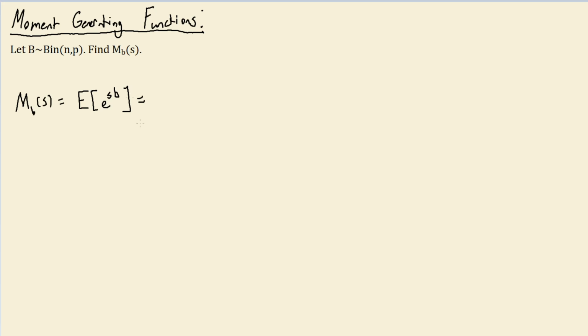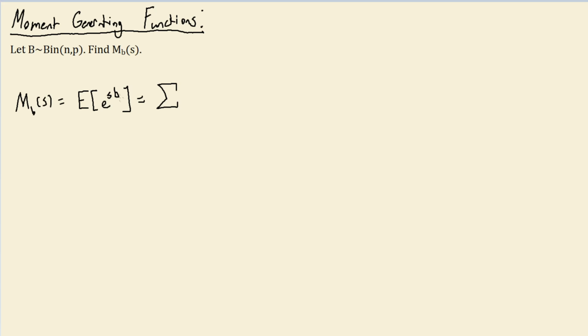Essentially, if this was the expected value of x, we'd be dealing with the mean, but we would just be taking the sum of x times the probability mass function across all possible trials. We're going to do the exact same thing here, but with our function. And that comes from the law of the unconscious statistician.